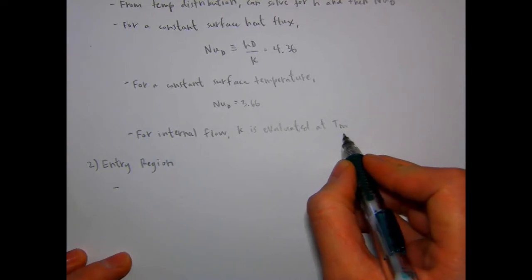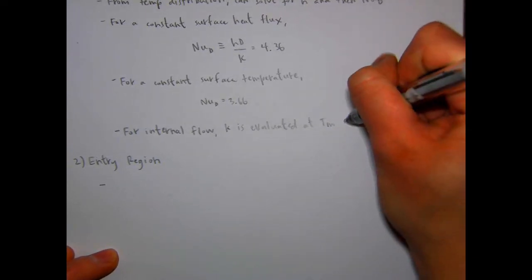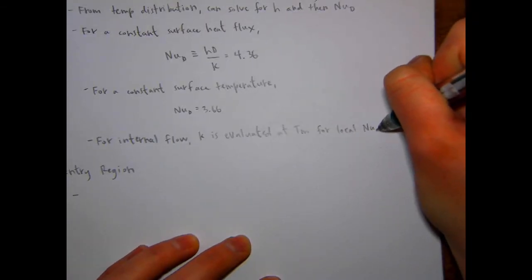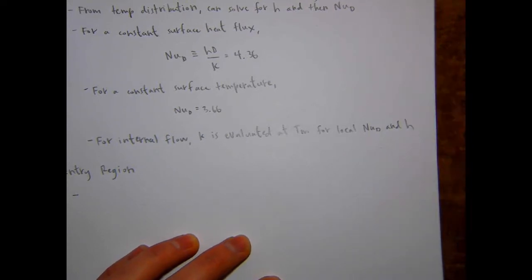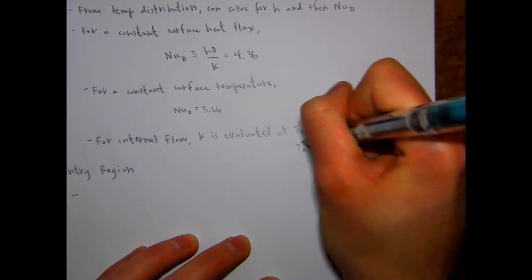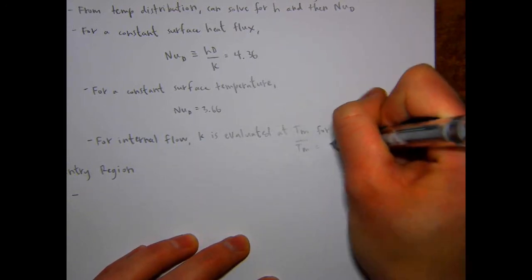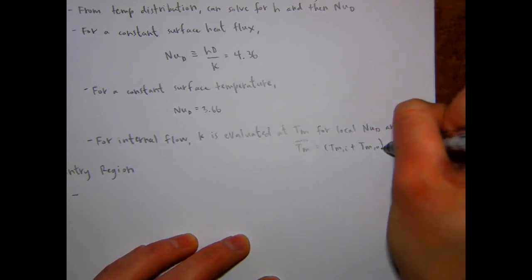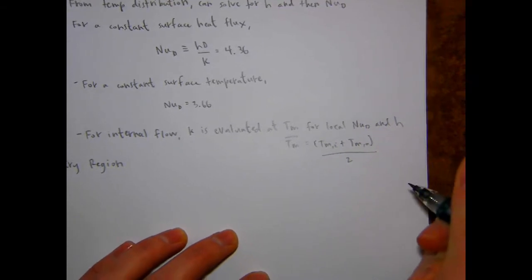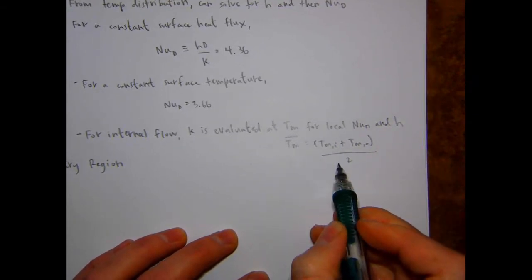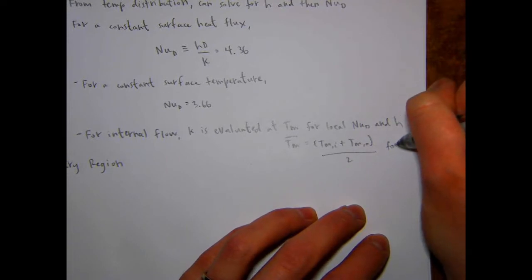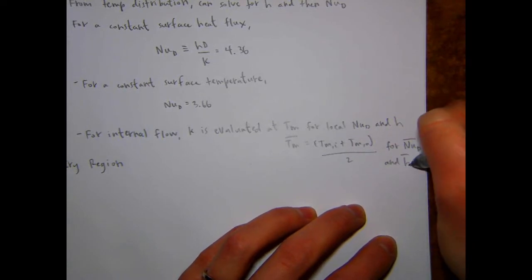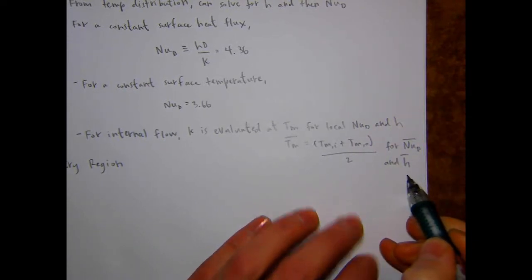So we can write down, it's evaluated at T sub m for local Nusselt number and h, and it's evaluated at T sub m bar, which is the average of the mean temperatures at the inlet and outlet that you're considering for the average Nusselt number and therefore average convection coefficient.